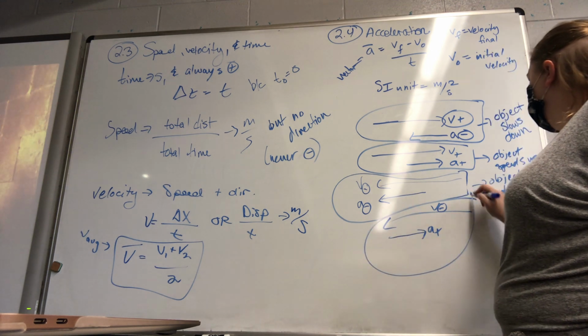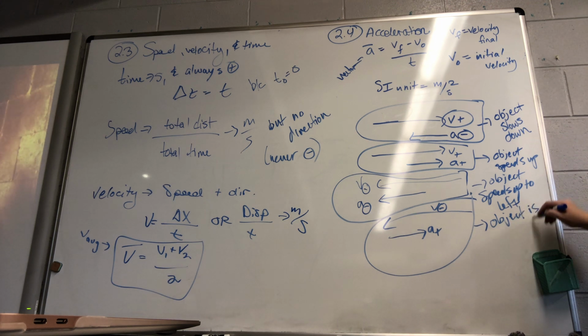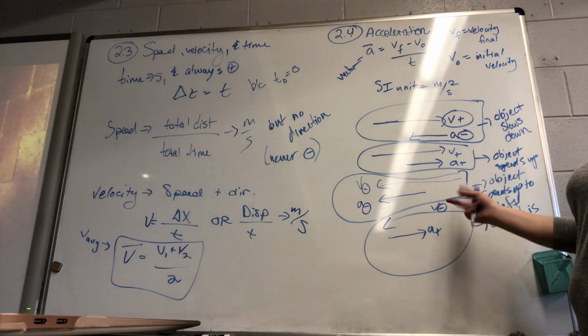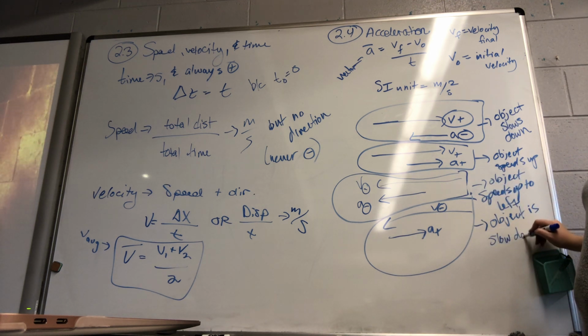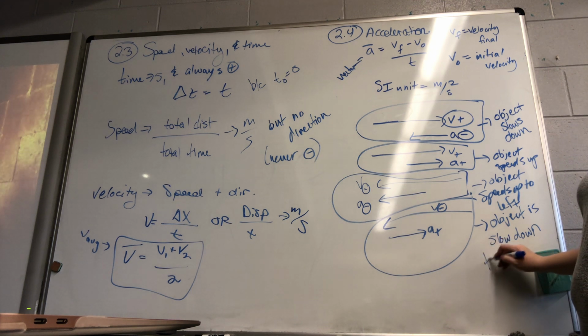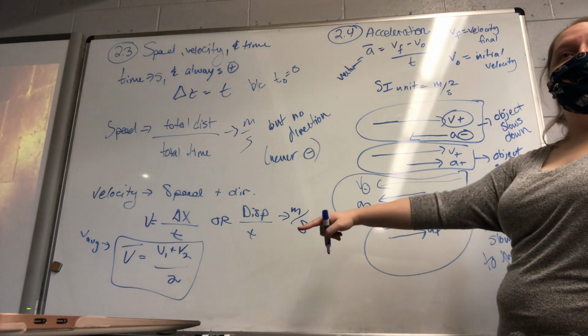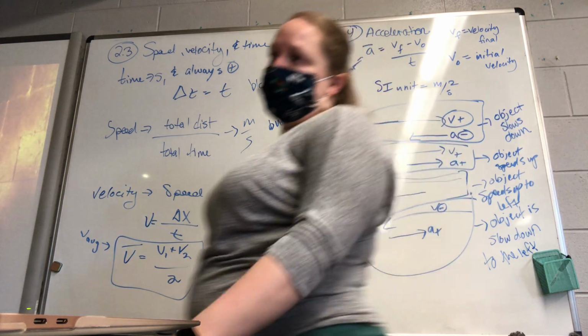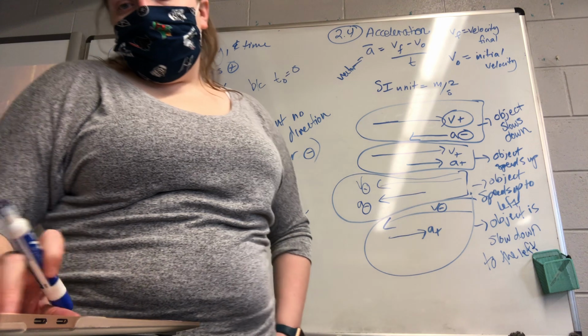What's happening here? Speeding up to the right. You think so? Is our object speeding up or slowing down? When they're opposite, they're slowing down. To the left. Right? Because velocity tells you direction of motion. Acceleration tells you if the object is speeding up or slowing down.